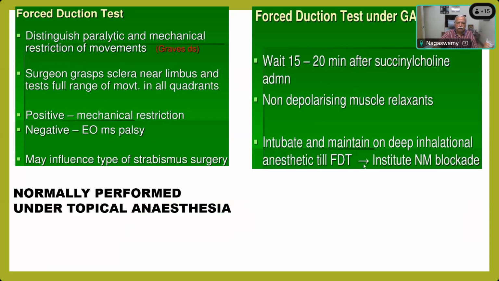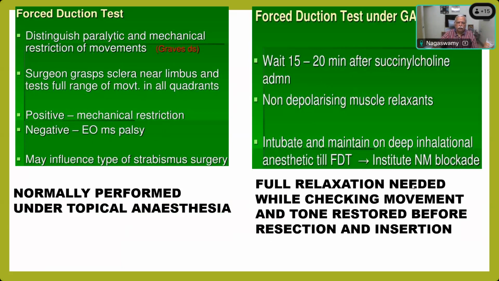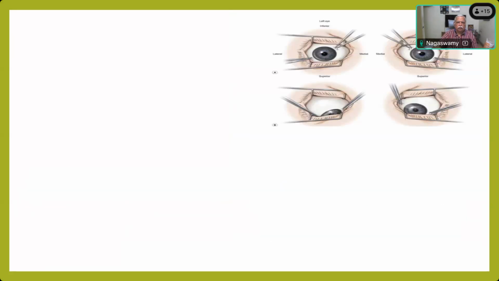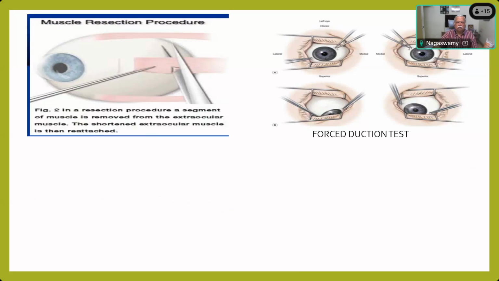Intubate and maintain deep inhalation anesthesia till the forced duction test is done, then give the muscle relaxant. Full relaxation is needed while checking movement, and tone must be restored before the resection. This is the challenge in that. This is how the forced duction test is done, pulling and grasping and moving the eyeball in all directions.